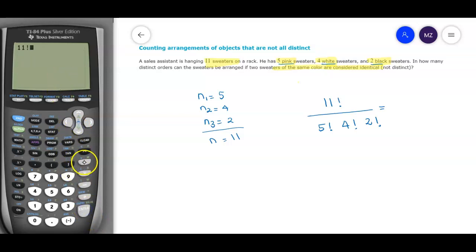So that's 11 factorial, and then I'm going to divide, open the parentheses. So you have to open the parentheses, please, here, right? So you're going to do the same thing, 5 math left down to 4, enter, times 4 math left, and go to number 4, enter, and then times, and you're going to do 2 math, you go left again, go down to 4 and enter, and then close the parentheses and let the calculator deal with all the simplifications.